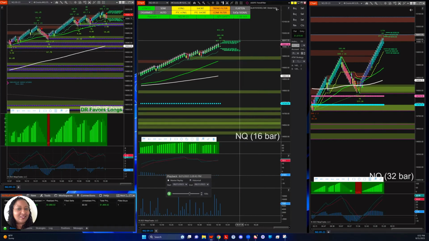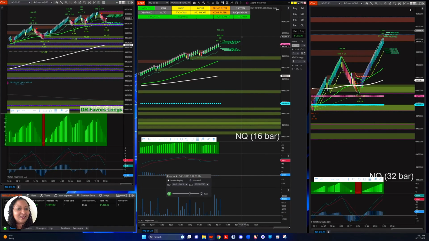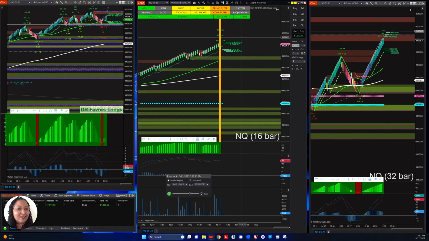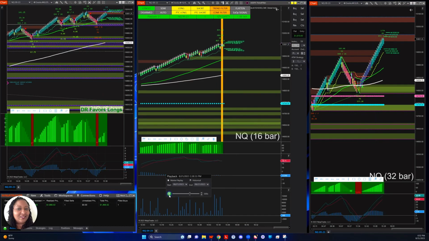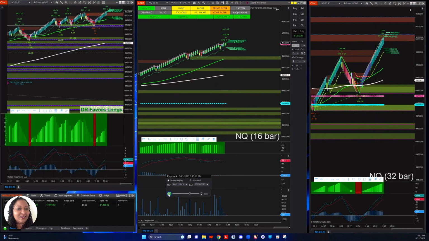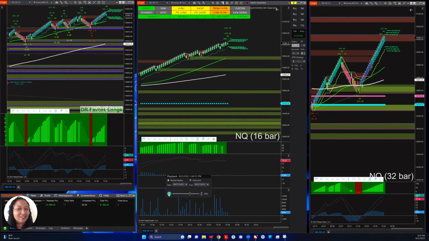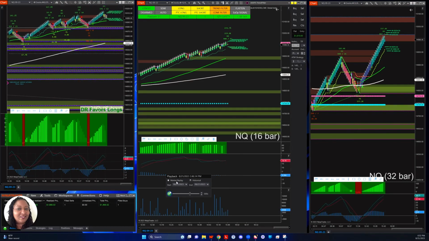Unconfirmed bearish PTC signal. Reversing. Unconfirmed bullish signal. Reversing. Unconfirmed bearish PTC signal.